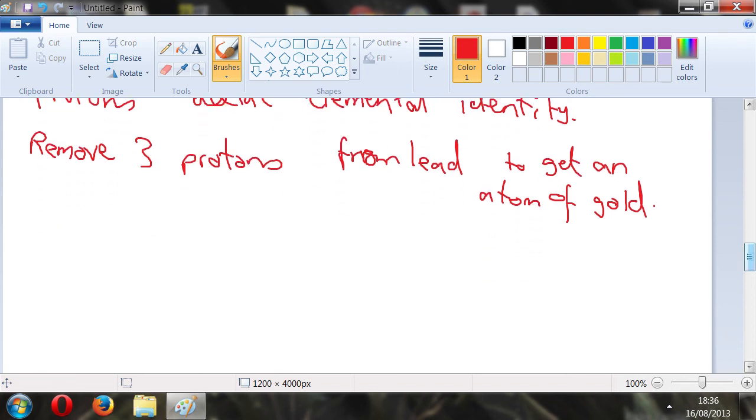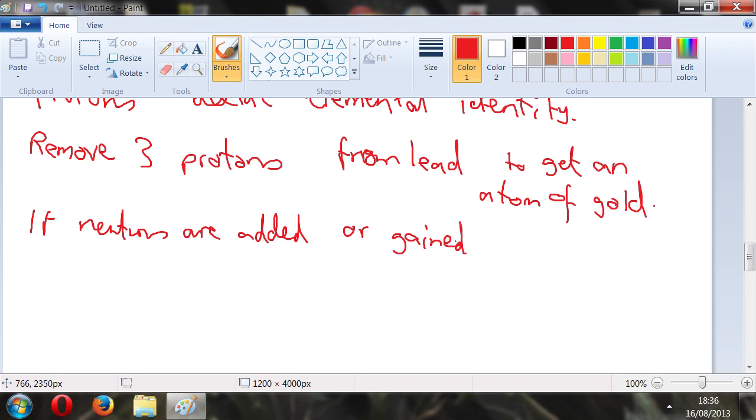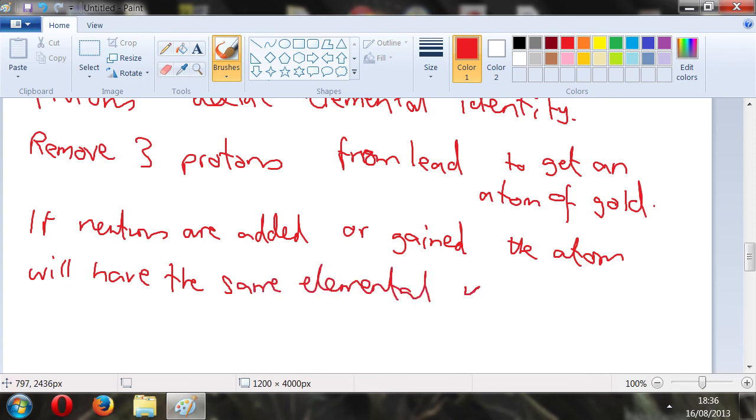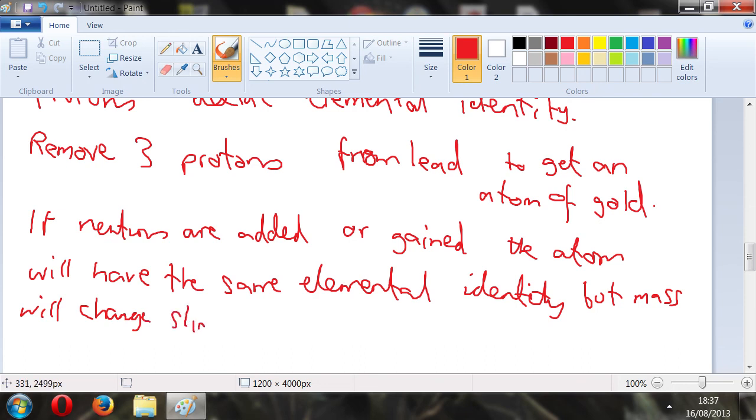And then finally, just a point about the neutrons. If neutrons are added or gained in some other fashion, the atom will have the same elemental identity, but mass will change slightly, not a huge amount.